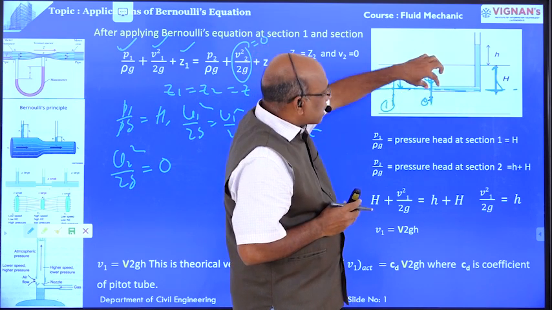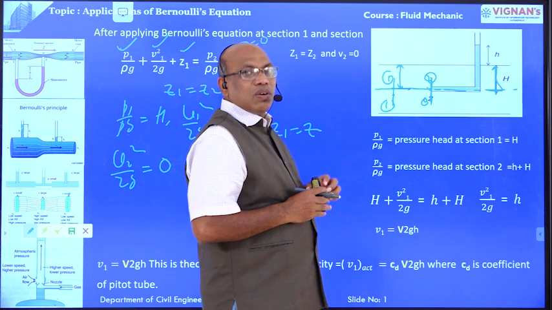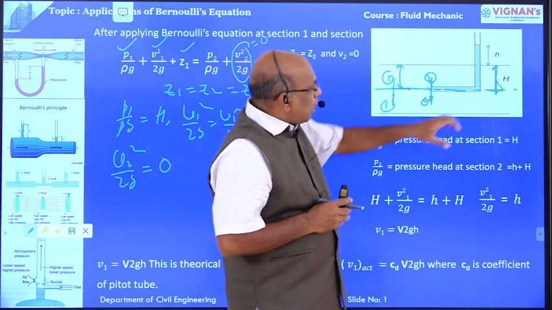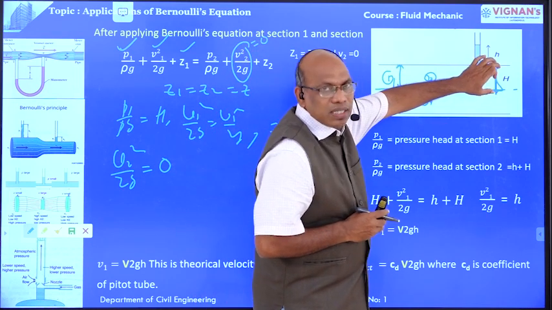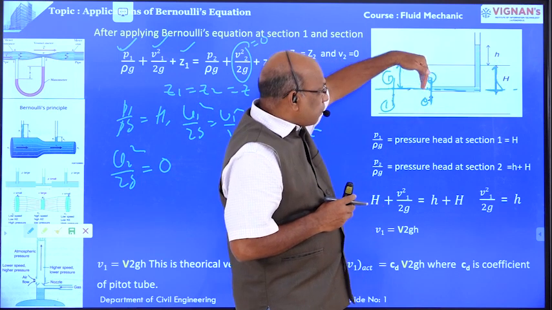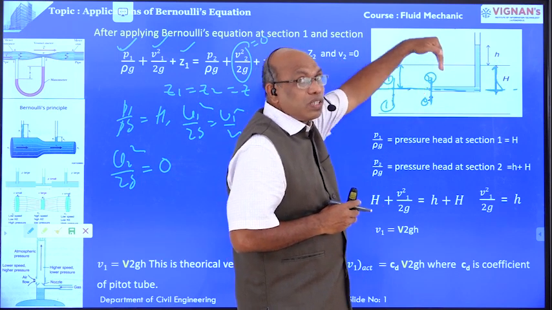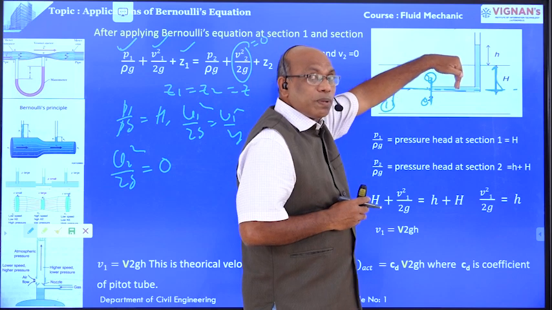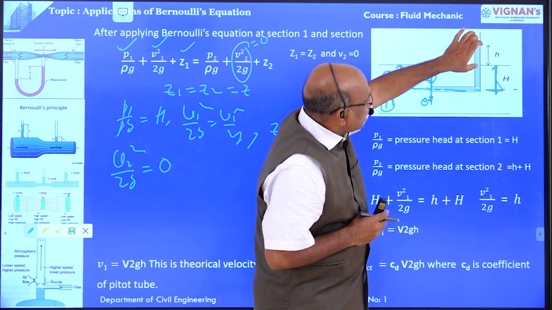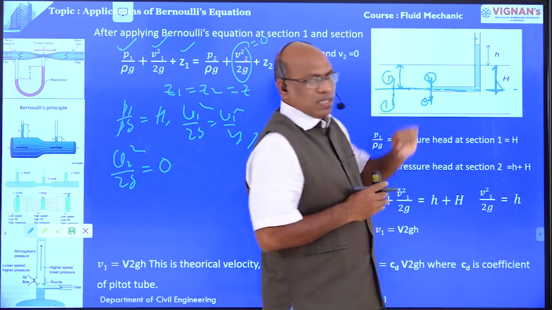What is the pressure head at section 2-2? We already have some pressure head, that is H. Because of this, kinetic energy is converted into pressure energy. Because of the pressure energy, the water level rises in the glass tube by small h.